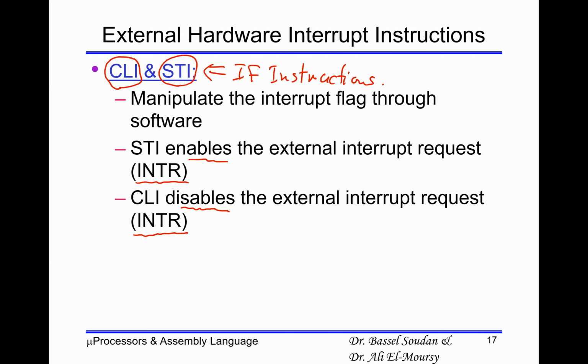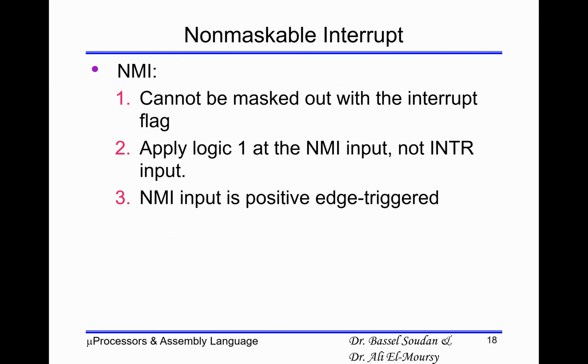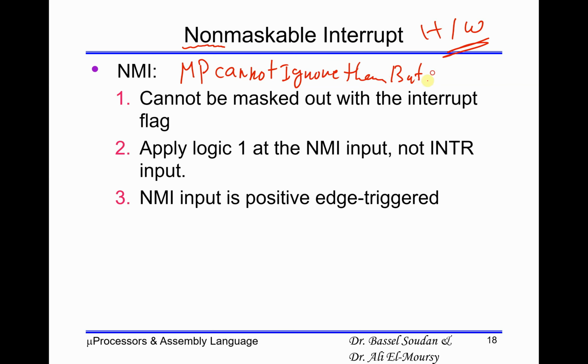Okay. The second type of hardware interrupts, the non-maskable interrupt, is also a hardware interrupt. It's called non-maskable, which means the microprocessor cannot ignore them, but can delay them.